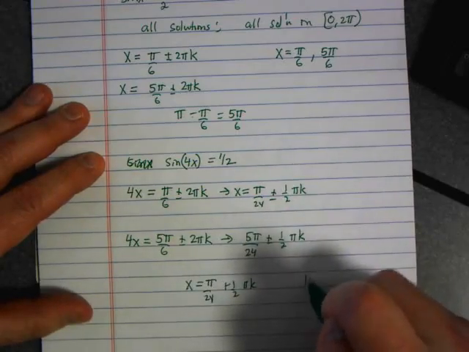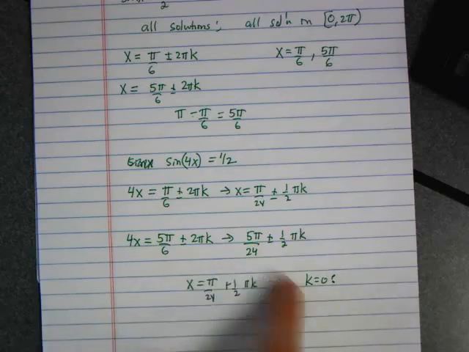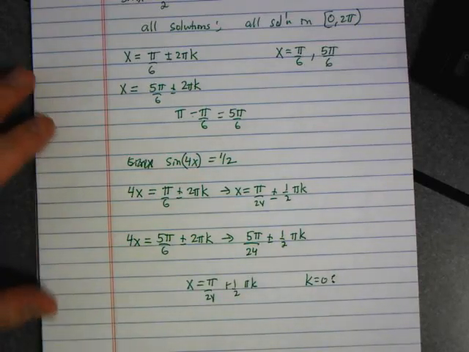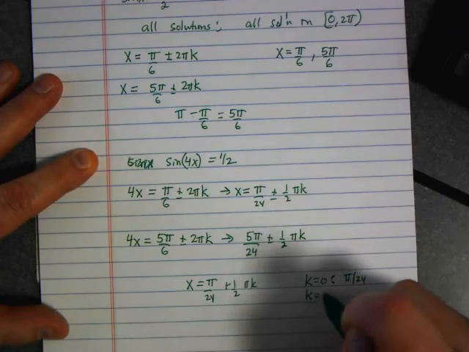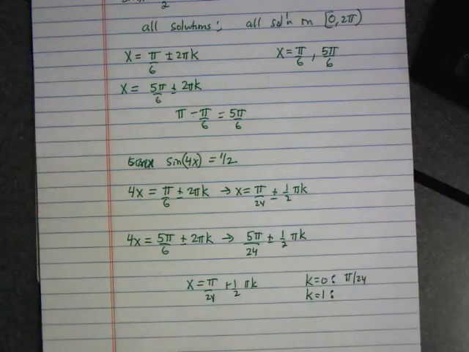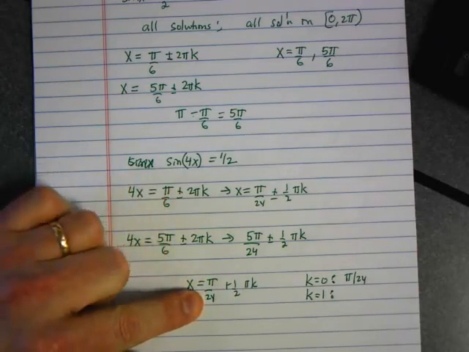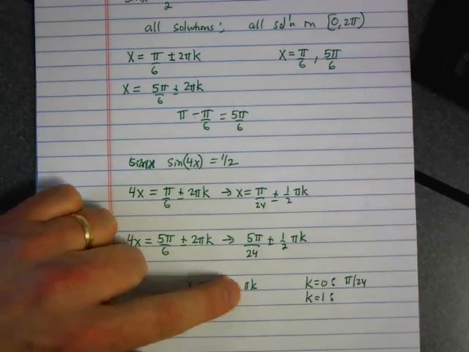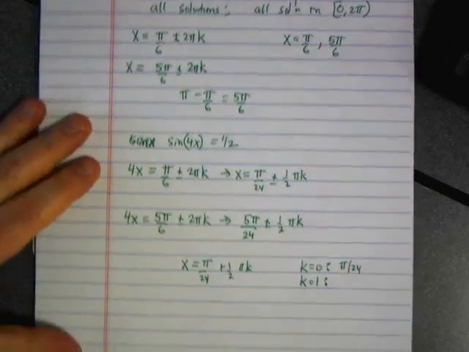And I'm going to plug in k equals 0. If I plug in k equals 0, what do I get? Pi over 24. Then I'm going to plug in k equals 1. That's going to be pi over 24 plus a half pi. What's pi over 24 plus a half pi?